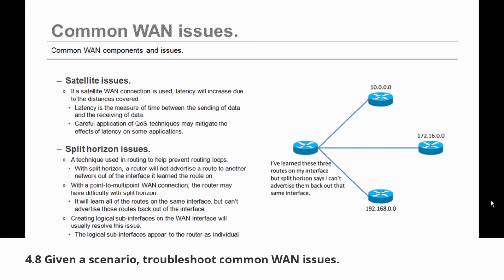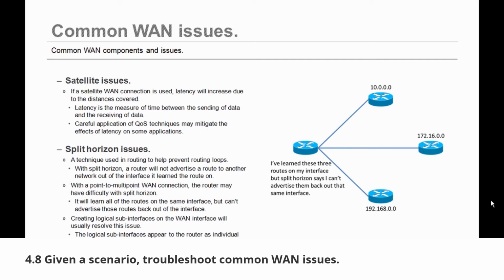Split horizon is another issue. Split horizon is a technique used in routing to help prevent routing loops. With split horizon, a router will not advertise a route to another network out of the interface that it learned the route on. With a point-to-multipoint wide area network connection, the router may have difficulty with split horizon.